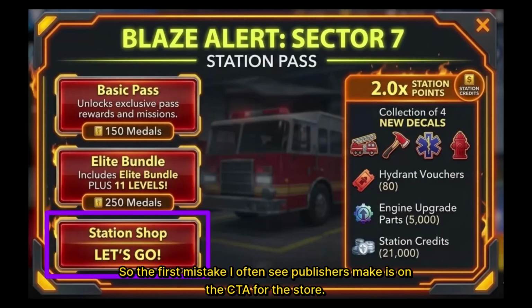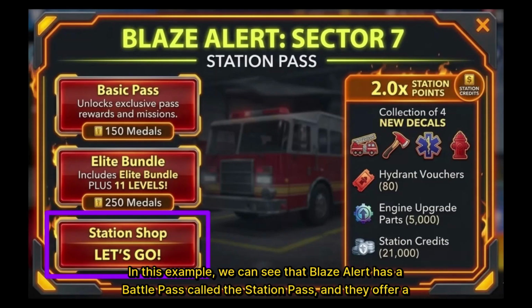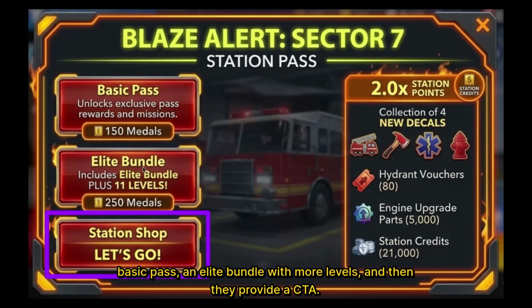So the first mistake I often see publishers make is on the CTA for the store. In this example, we can see that Blaze Alert has a battle pass called a Station Pass, and they offer a basic pass, an elite bundle with more levels, and then they provide a CTA.